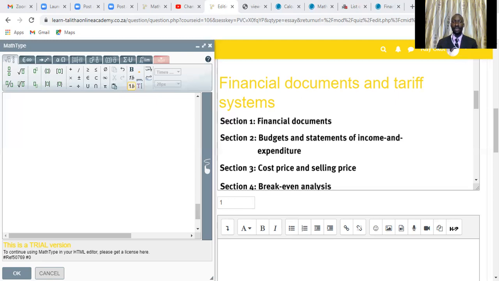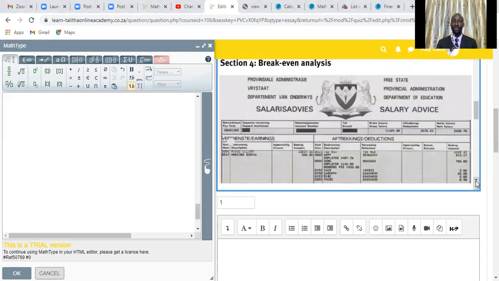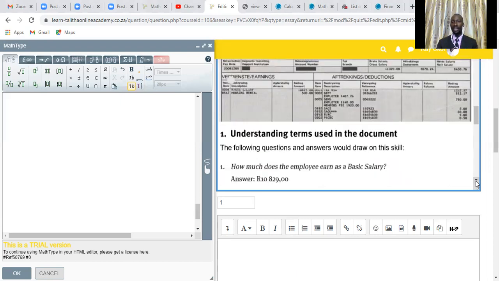So briefly, in this first section of financial documents, there are some activities that we discussed already. This payslip that we discussed in one previous lesson was used to help us gain a better understanding of terms that are used in financial documents.